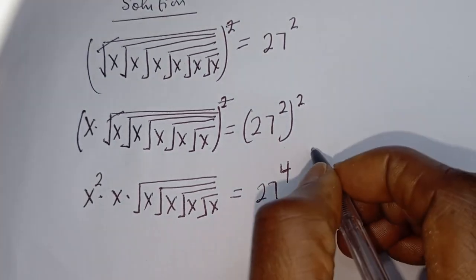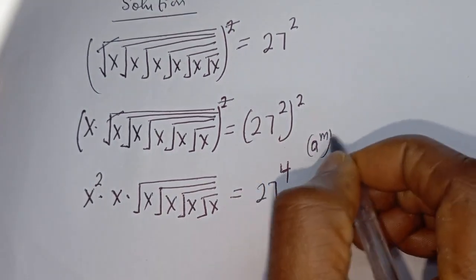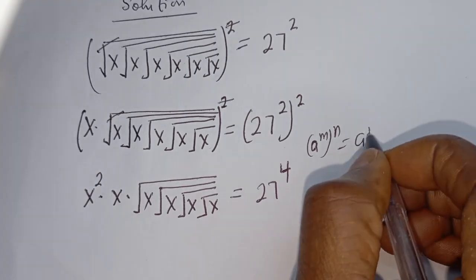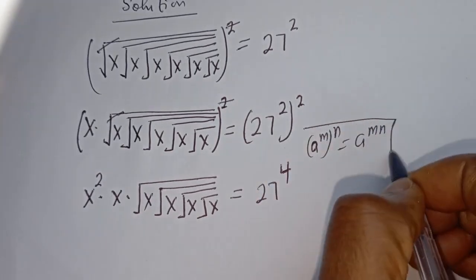That is, if you have a to the power of m to the power of n, it is equal to a to the power of mn.